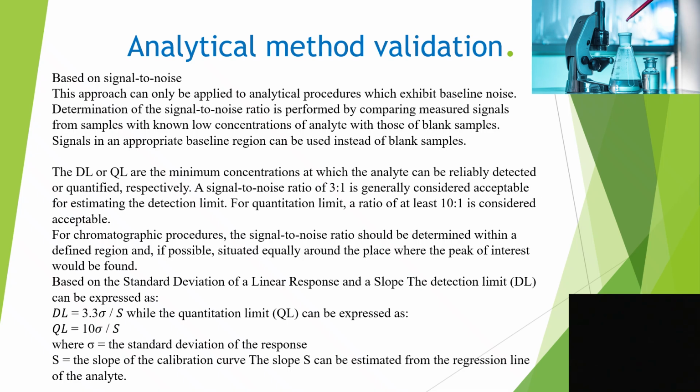Based on the standard deviation of a linear response and the slope, the detection limit, that is the DL, can be expressed as DL equals 3.3 sigma divided by S, while the quantitation limit QL can be expressed as 10 sigma divided by S. Where sigma is the standard deviation of the response, S is the slope of the calibration curve, and the slope S can be estimated from the regression line of the analyte.